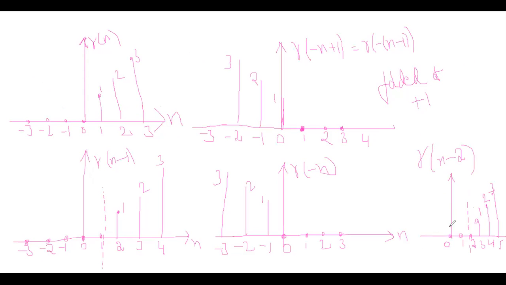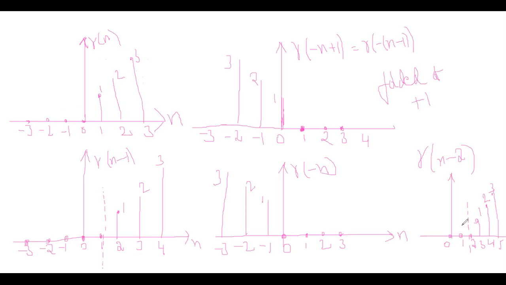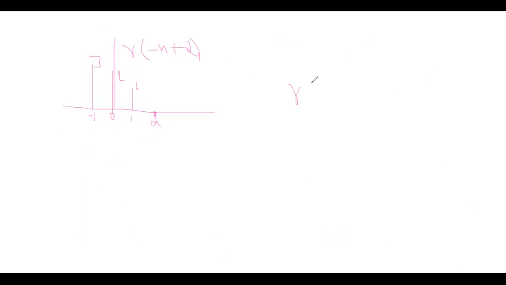So 1, 2, 3. Here the 2, and at minus 1 we get the 3. The folding occurs at 2 here. Understood, my dear students?